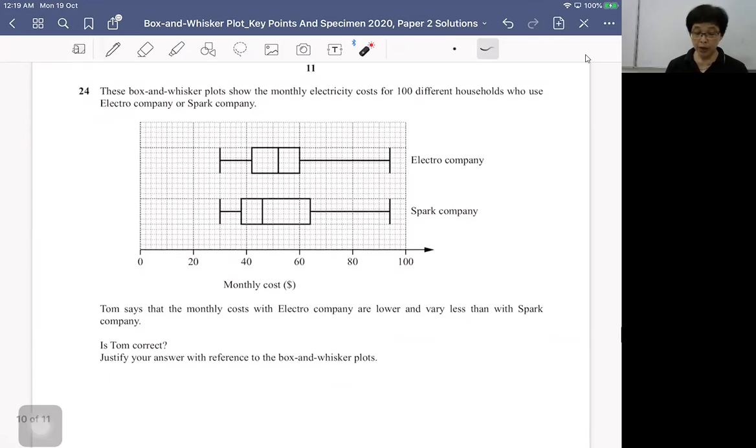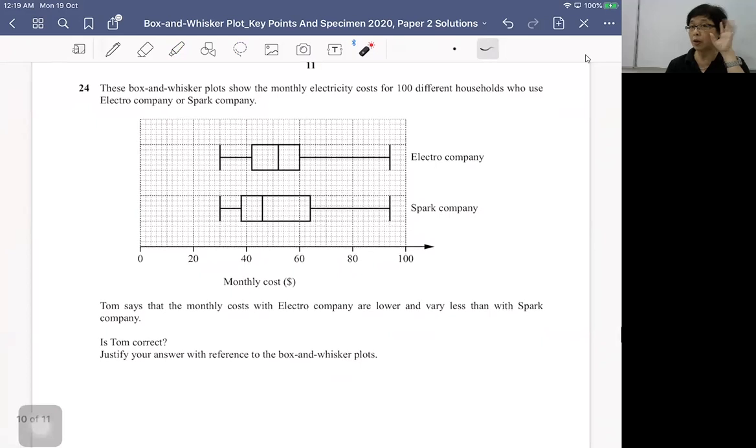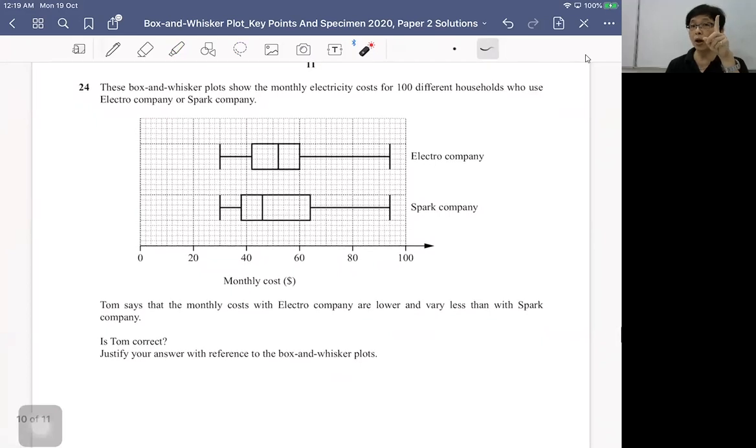Now, we have learned all the key features, keeping the 5 values and the 1 derived value of interquartile range in mind, and also the two pieces of information that the plot is conveying to us.